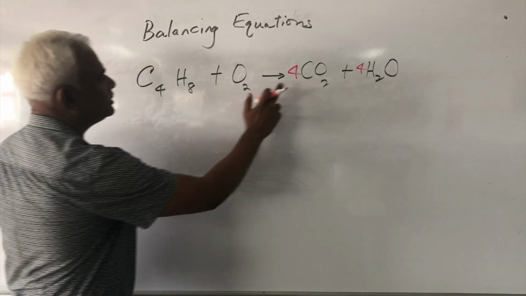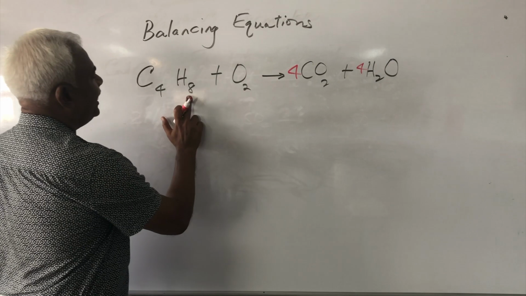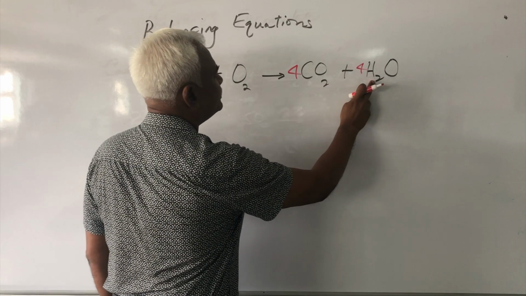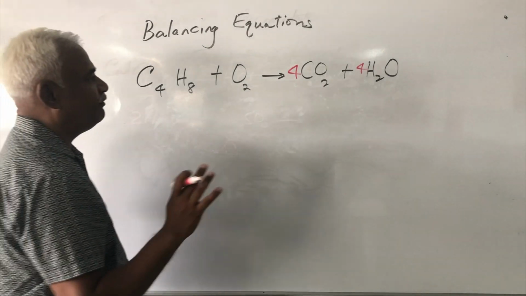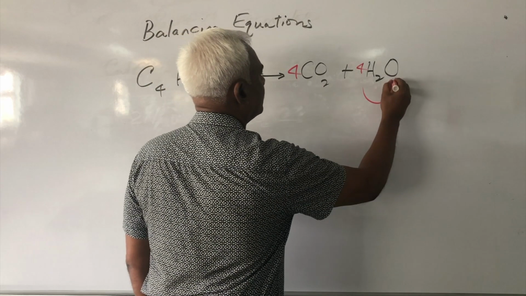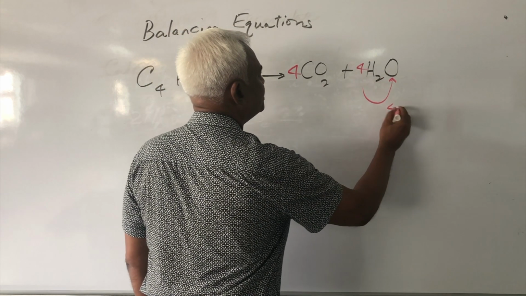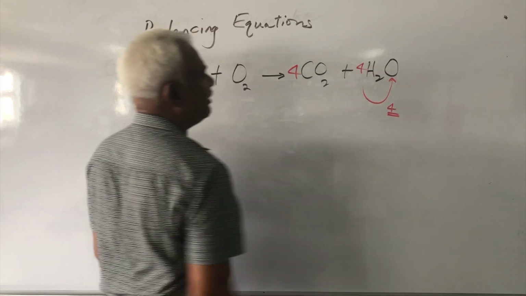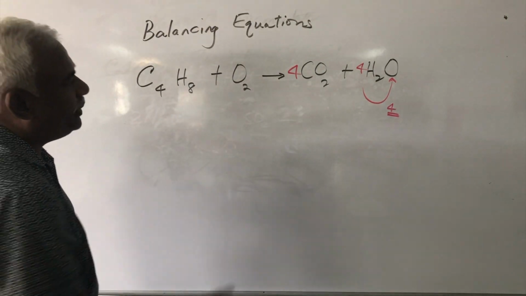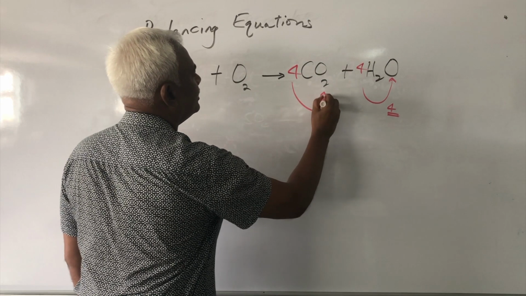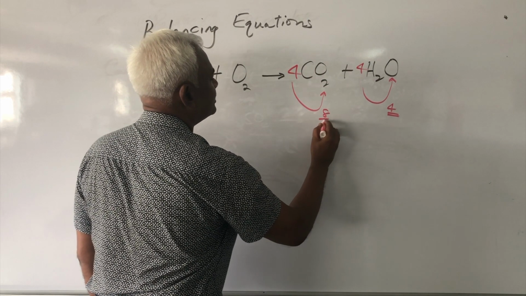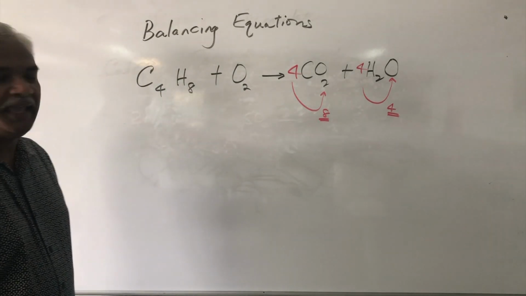Now let's cover again. 4 carbons, 8 hydrogens, 4 times 2, 8 hydrogens. Now let's see how many oxygens we have. I have 4 oxygens there. Correct? 4 oxygens there. How many oxygens here? 8 oxygens. 8 oxygens.